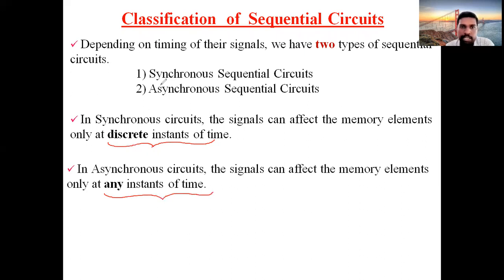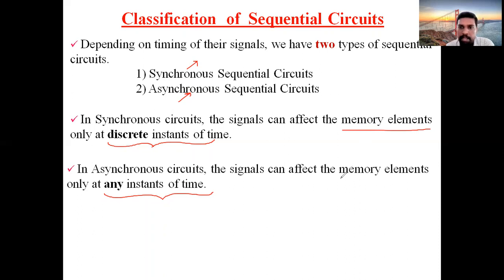Synchronous means we use a common clock pulse, a common timing signal, whereas asynchronous uses a separate timing signal for each and every memory element. Generally, the sequential circuit internally consists of memory elements linked in a feedback path.